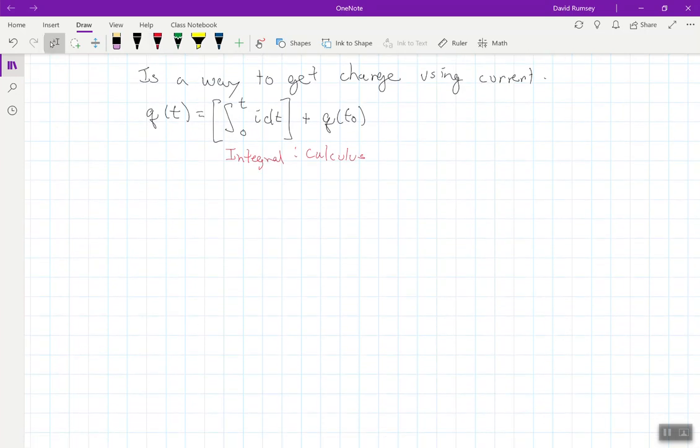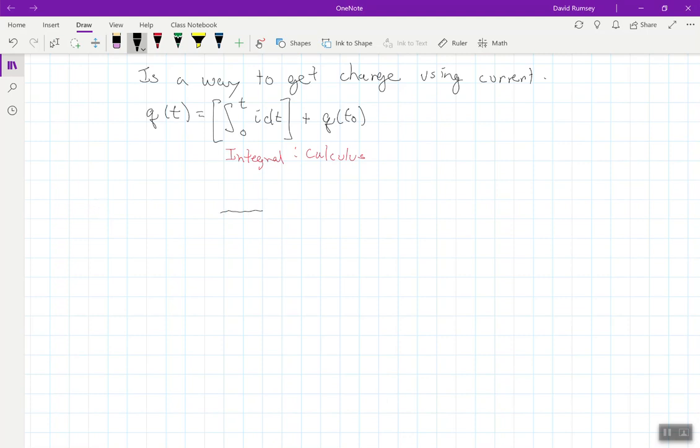All right, let's talk a little bit more about current here. An unfortunate thing for current has to do with how we defined positive current back in the day. This is just kind of a historical thing.